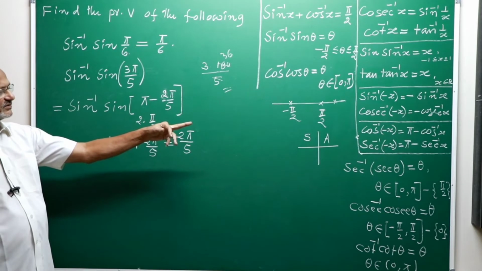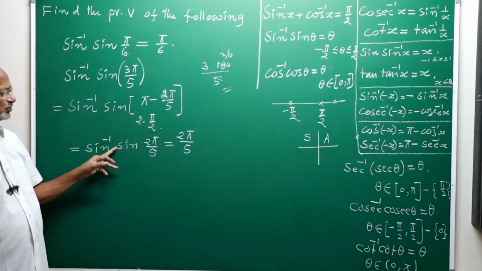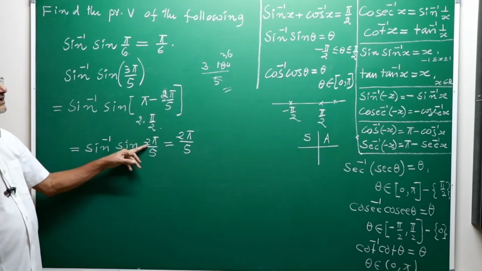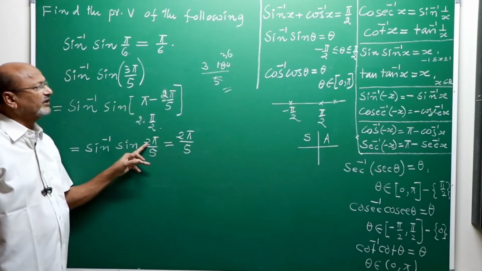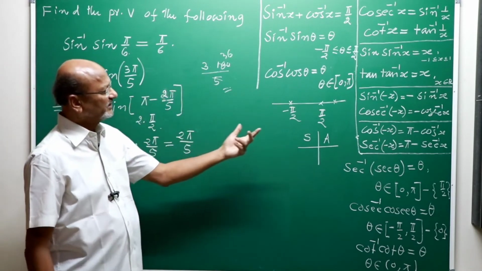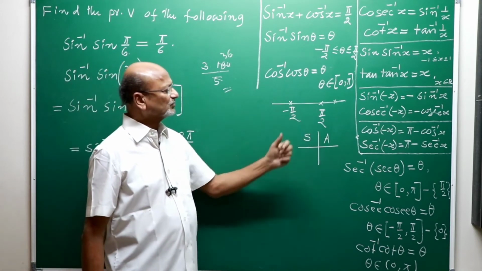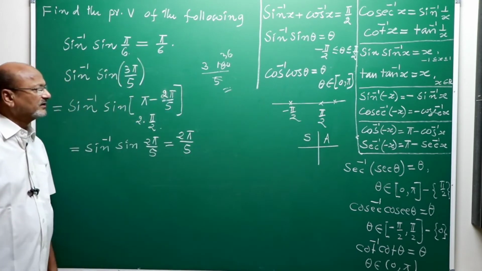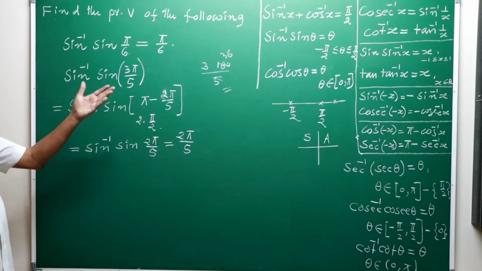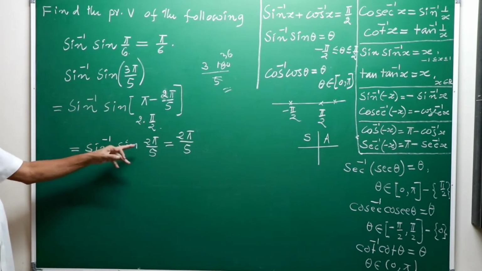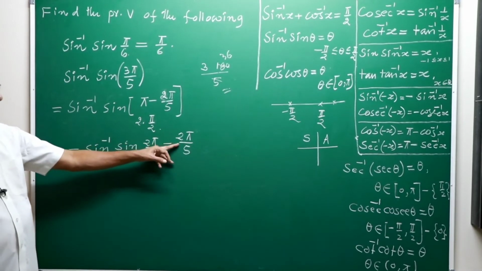In the second quadrant, sine is positive, so it is positive. Now, it is well inside where? 36 into 2, 72. What is 72? It is less than 90 degrees. So then the angle is in between minus 90 and plus 90. My friends, you can make use of that property. Sine inverse of sine theta is theta itself.